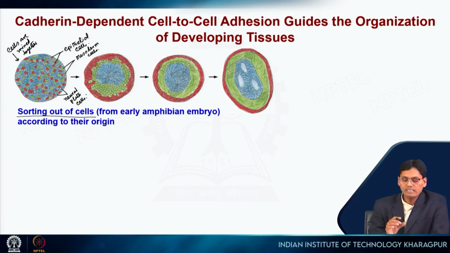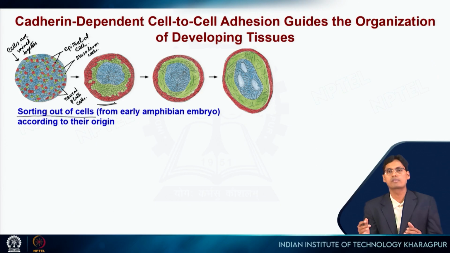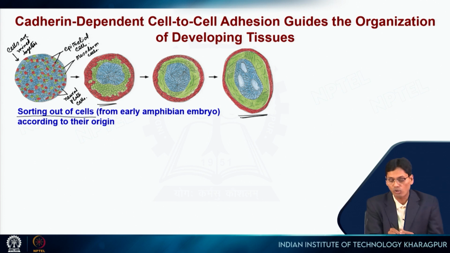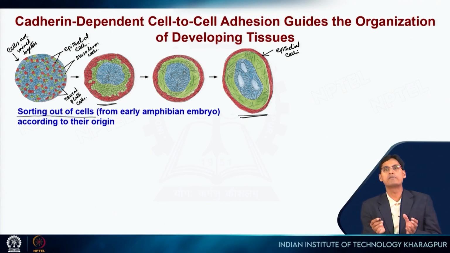Now when those cells are there and they were given some time, you can see the organization is slowly changing. As you can see, those cells are getting sorted out by themselves, right? And here you can see this is almost reminiscent of the embryo. It almost looks like an embryo structure. Why? Because after all these steps, all those epithelial cells are on the periphery.